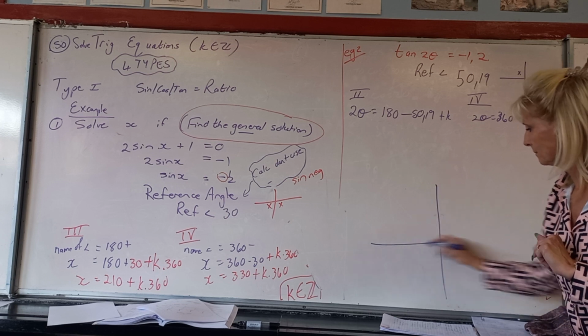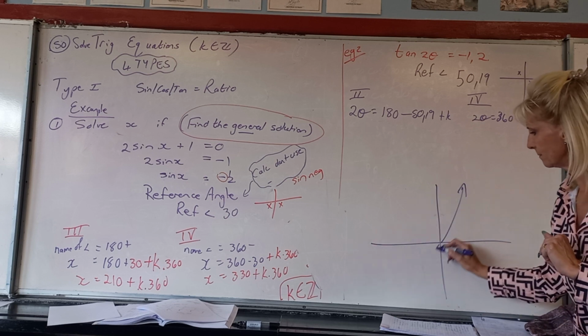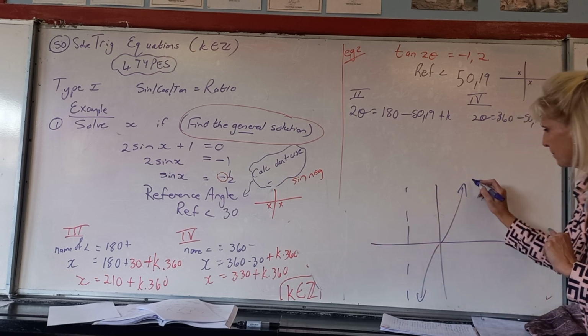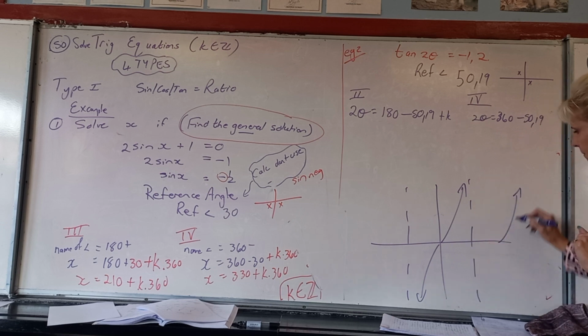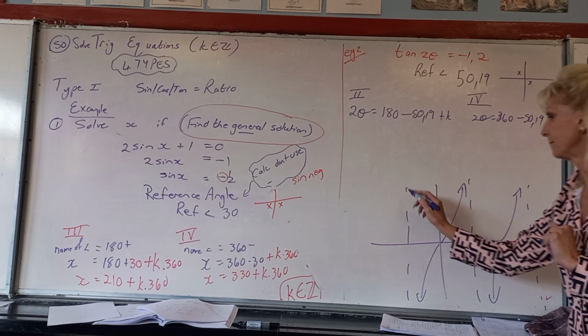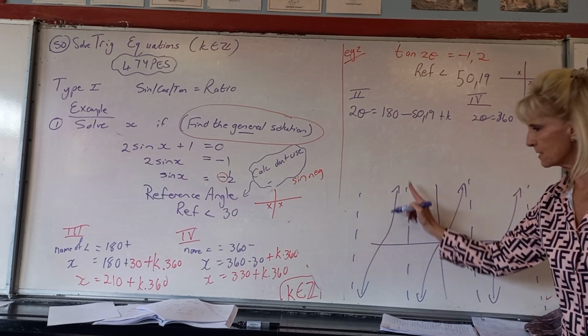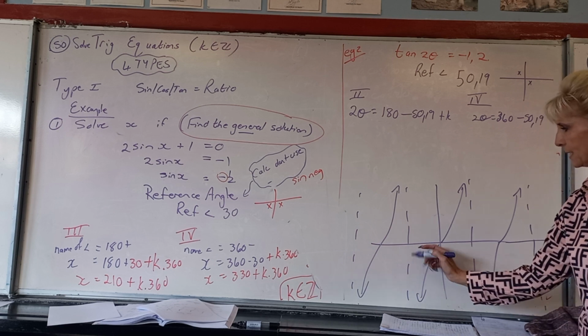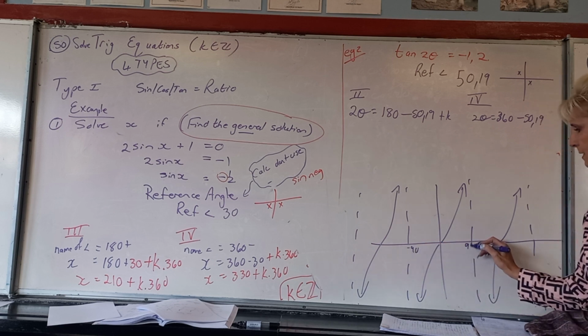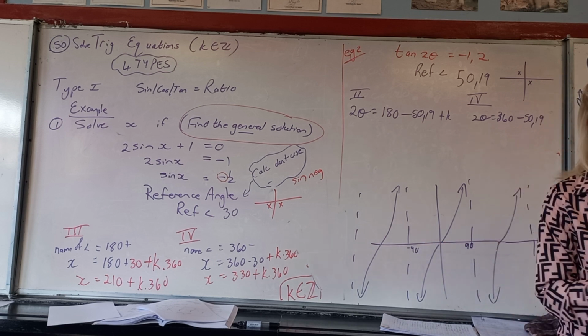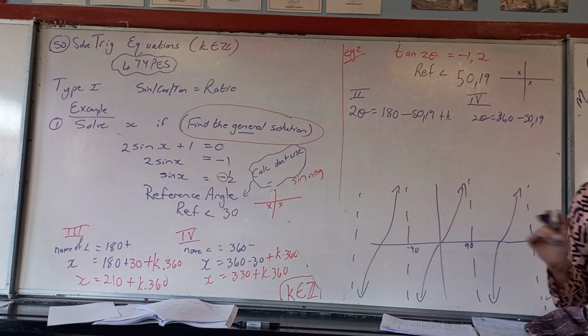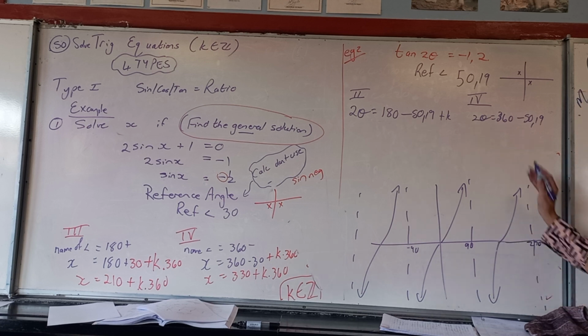Tan, out of its nature, has a period of 180. You agree? Yes. Because there's a whole tan graph from minus 90 to plus 90, which makes it a whole tan graph in 180. That's what a period is. And from 90 to 270, a whole period.